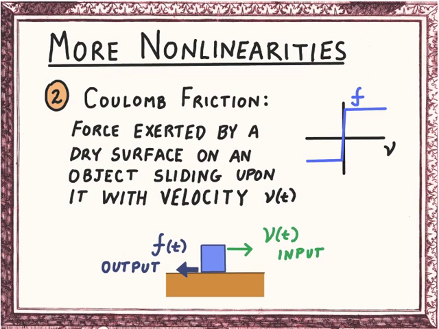If it was linear, if we doubled the velocity, we'd expect to double the force. But here you notice that if we double the velocity, the force remains constant. It should be noted that viscous friction, as opposed to Coulomb friction, is often treated as a linear force versus velocity relationship.